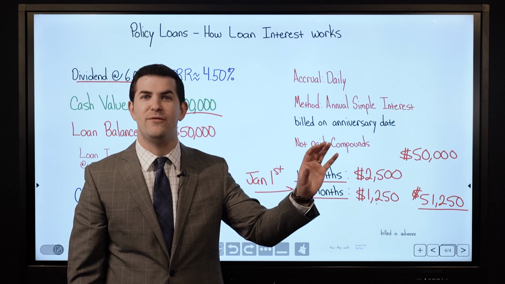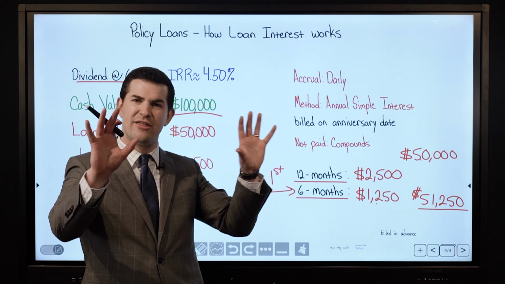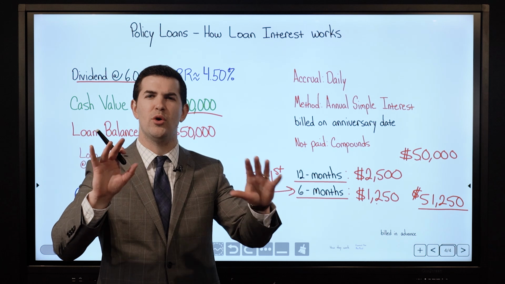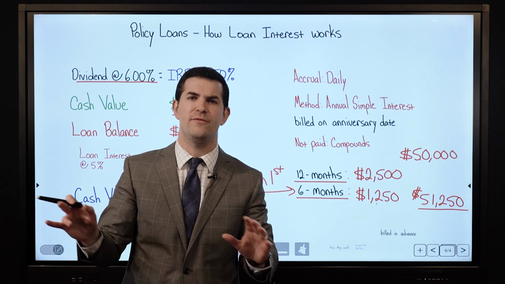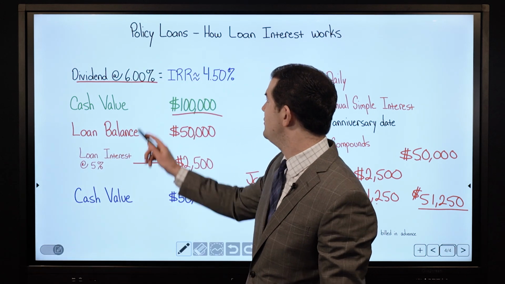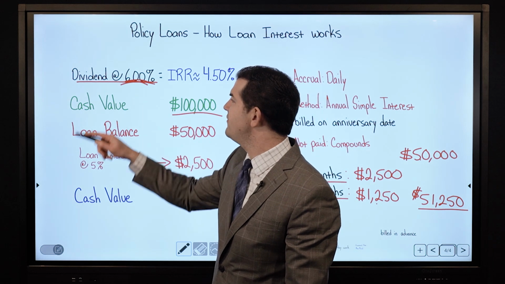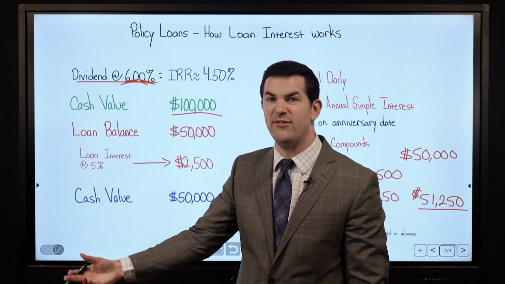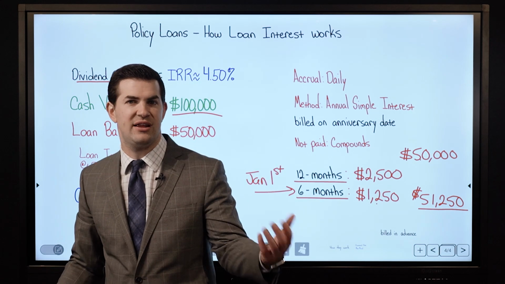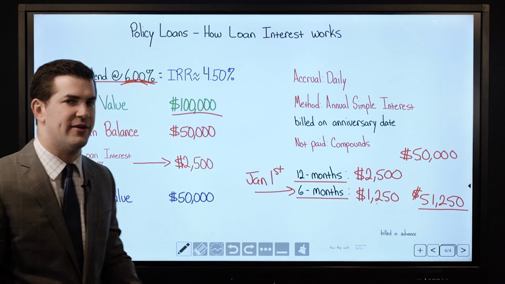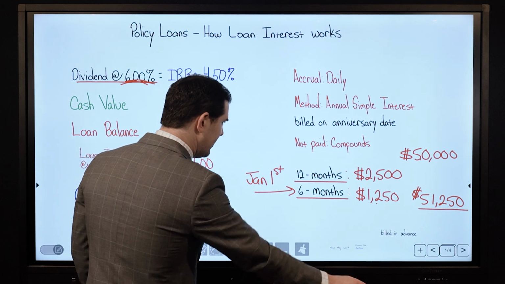If I pay it back in full, then I see my cash value and death benefit fully restored to what it would have been as if I never touched it in the first place. Really, how companies continue to credit a dividend on your full cash value, even though you've borrowed against it, is that they are collateralizing your death benefit, which we cover in other videos.